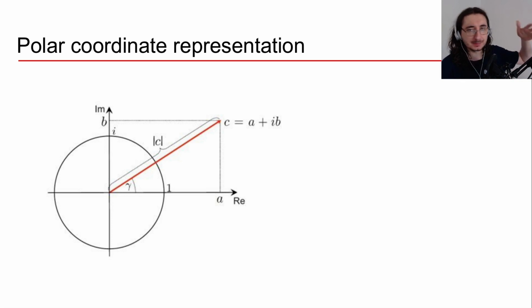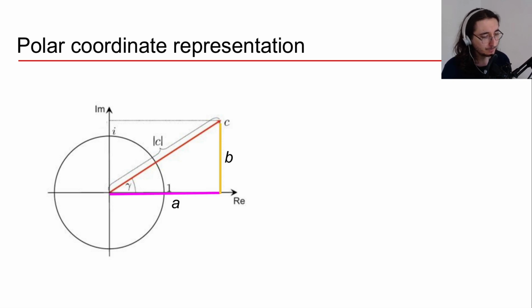Let's start with the absolute value of c. And here we can use some very basic math, something that you've probably done in high school, if not elementary school. Here I rewrote this and added these colored lines for clarity. The purple line here is a, here we have b, which is represented by this yellow line, and obviously we have the hypotenuse of this triangle, which is the absolute value of c.